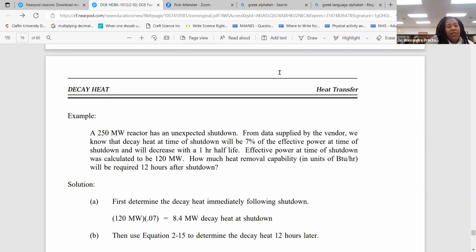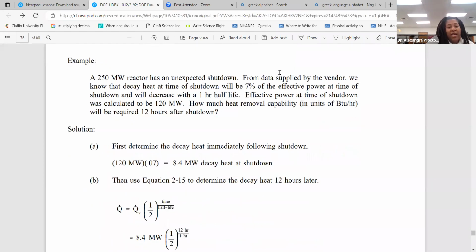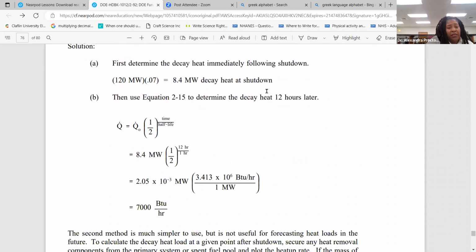So first, you have to determine the decay heat immediately following shutdown. And that's done by multiplying 120 by 0.07 for that 7%. They made it a decimal. And so you have an 8.4 megawatt decay heat at shutdown. And then you use equation 215 to determine the decay heat at 12 hours later.